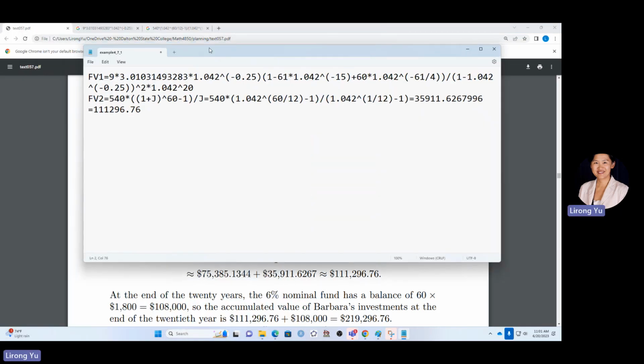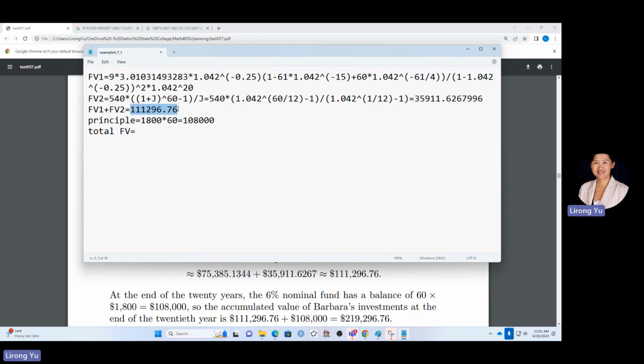Yeah, so we would combine the future value 1 with future value 2, which is going to give us that. And then remember, we also got the principal, that was the 18,000 multiplied by the 60, and that's how we get 108,000. And then the overall total future value is going to be all of these added together.